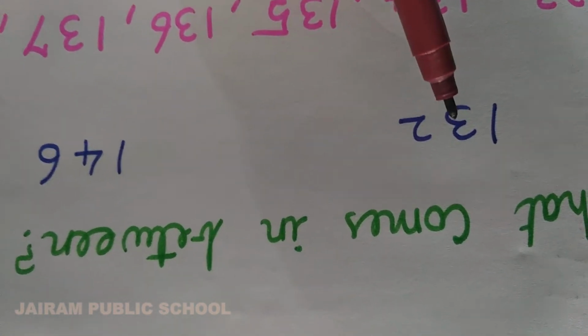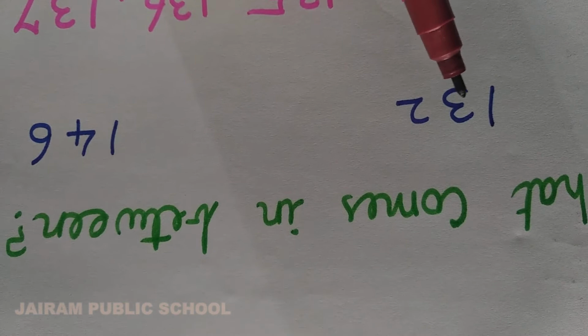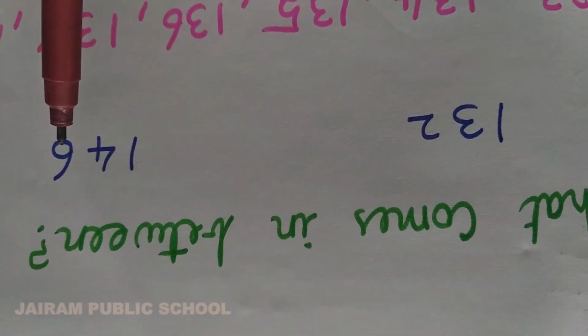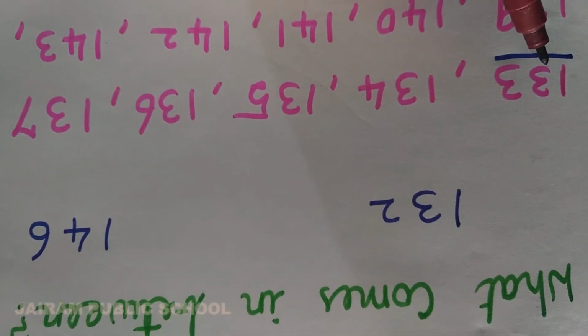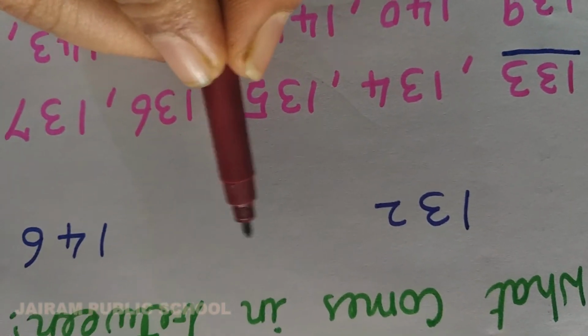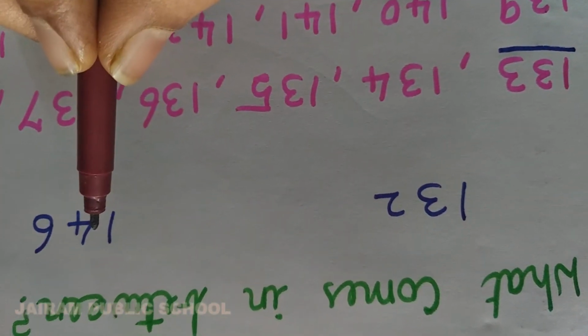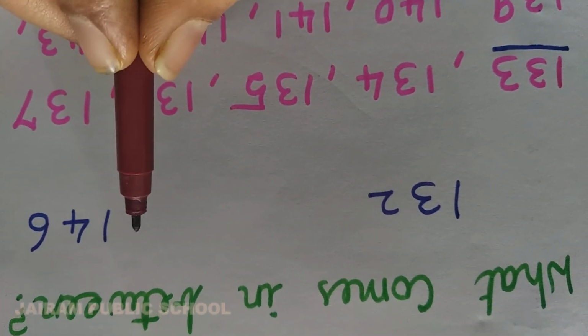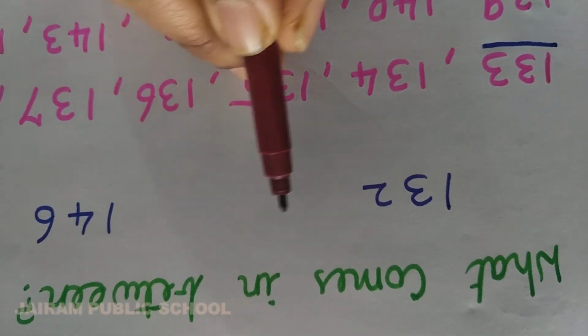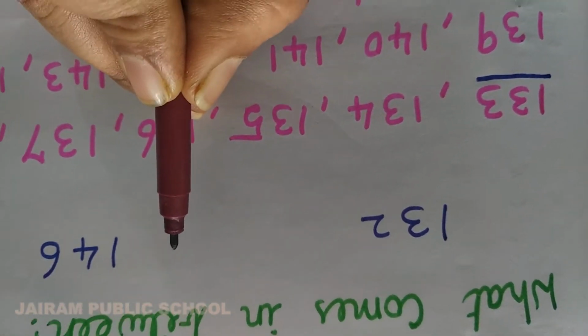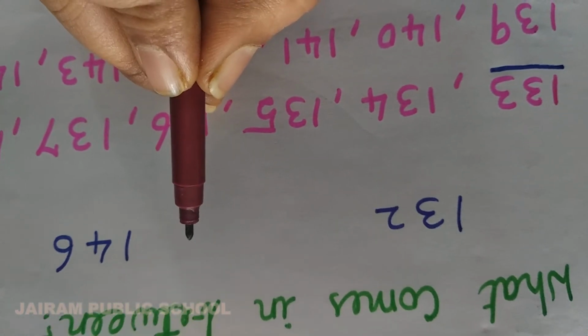Okay, so how many numbers do we have, Kana, between 132 and 146? See here, 133. Between means you should not include these two numbers. So between these two numbers, what numbers are there? We can check. And you can write any one number, that is enough.